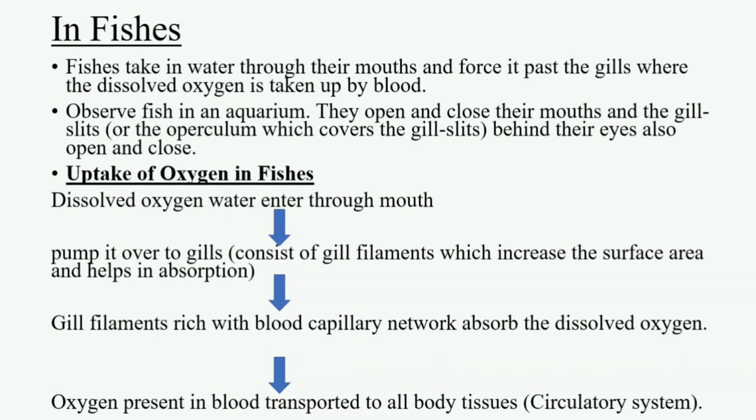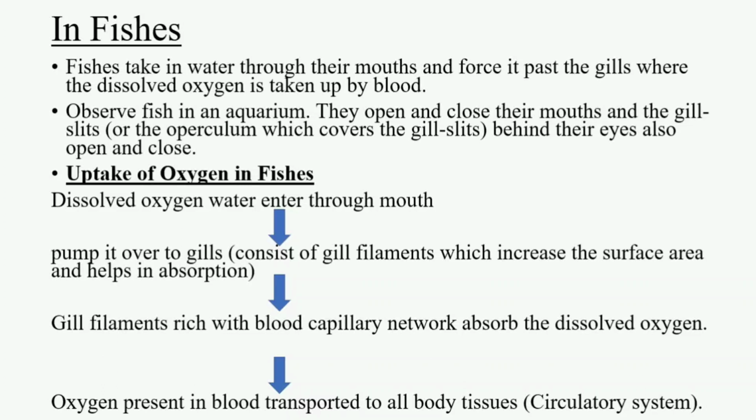Fishes are aquatic organisms, and as we have earlier discussed, they have a higher breathing rate because they have to absorb around 1 to 3% of the dissolved oxygen present in water. Fishes take in water, which contains dissolved oxygen, via the mouth. After getting inside the mouth, that water with dissolved oxygen is pumped into the gills.